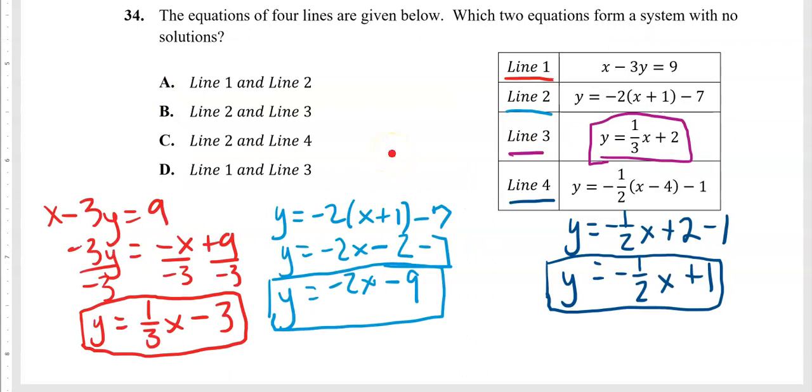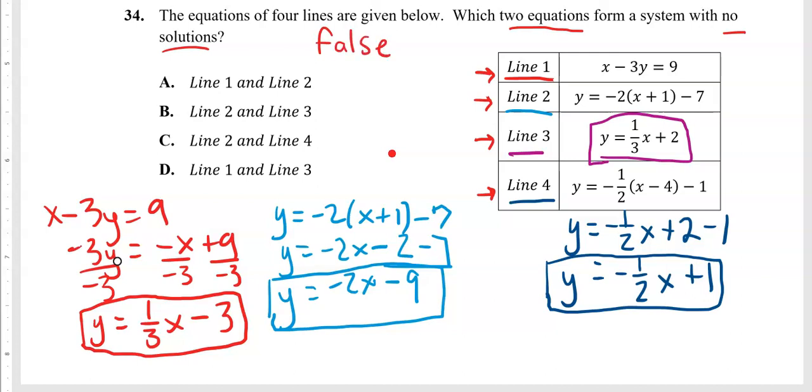All right, number 4, we are looking at equations. So this one has a lot of work, as you can see, that I did out to save some time. We've got 4 equations here of 4 lines, and they're all in different formats. We want to know which 2 equations will form a system with no solutions, meaning we're looking for something that is going to give me a false answer.